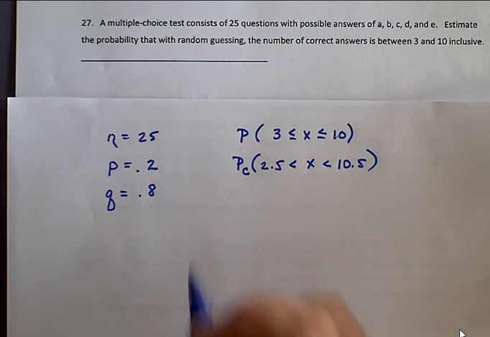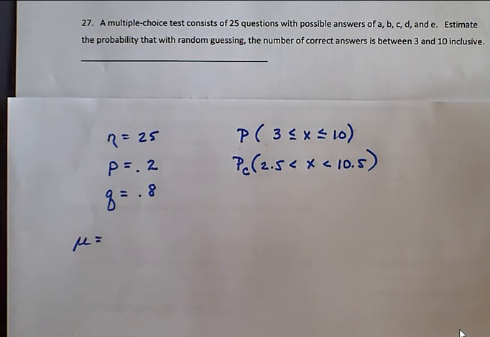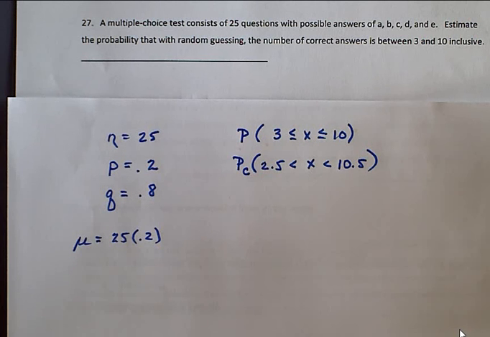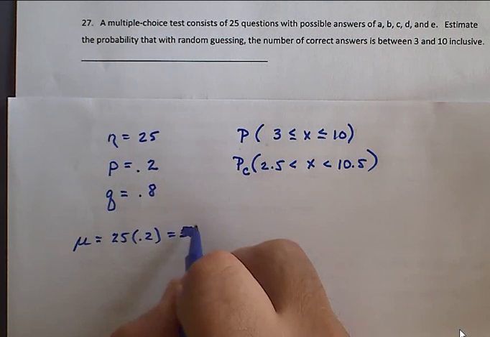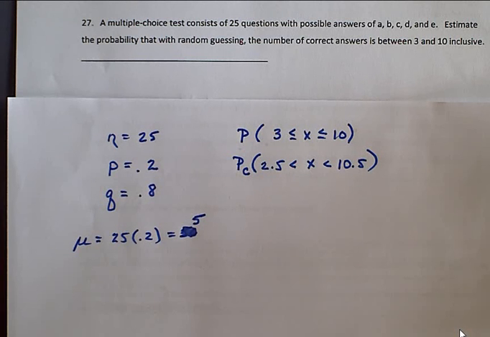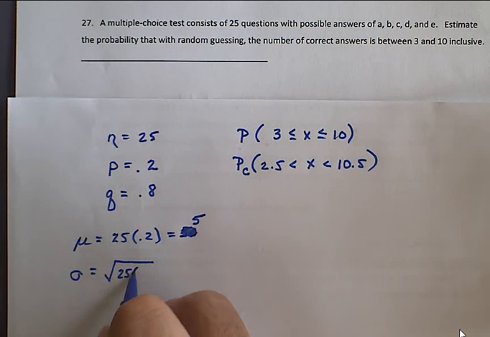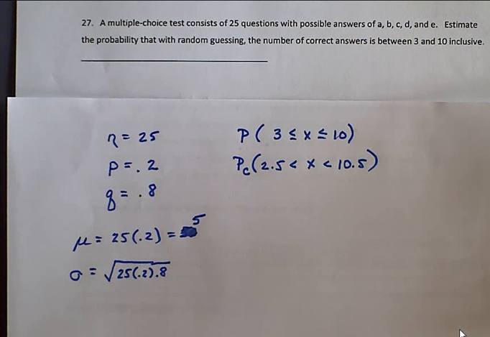Now I need to calculate my z-scores. My mu value, when I take 25 times 0.2, is equal to 5. And sigma, my standard deviation, square root of NPQ, is 2.